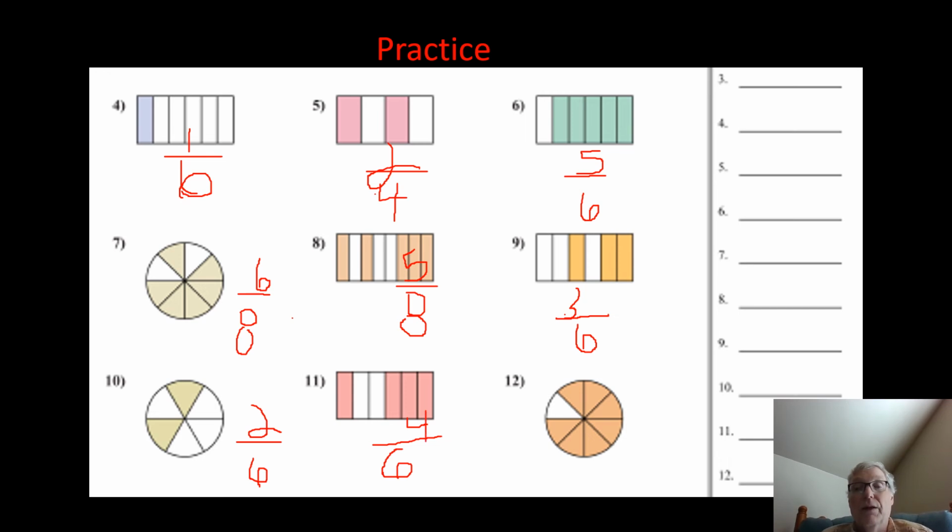And finally, this one here: find the total number of pie slices, equal parts out of the circle. You should have gotten 8. How many are brown or orange? It's 7. You should have gotten 7. So 7 out of 8 are the brownish orange slices.